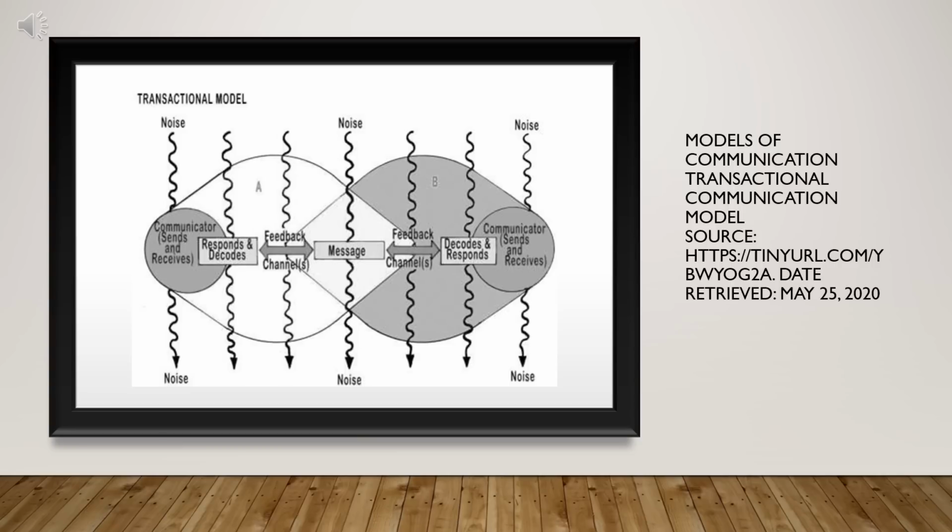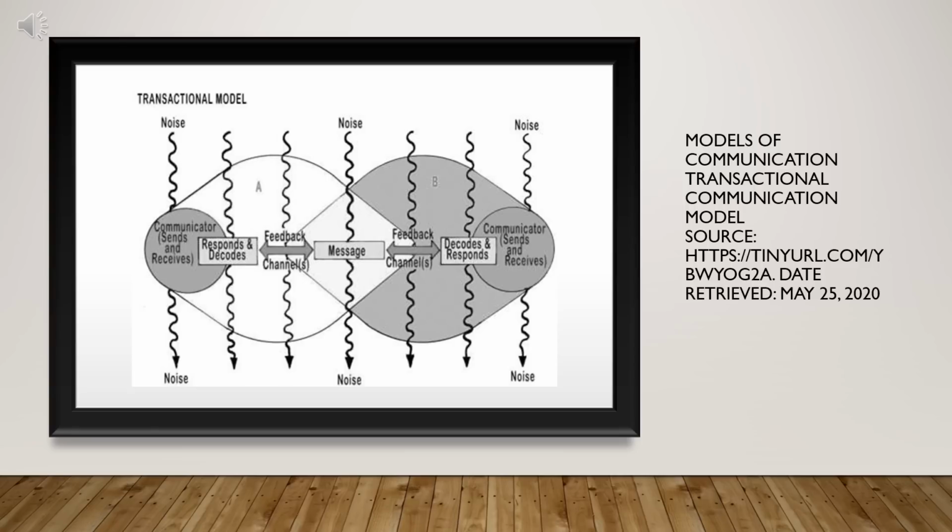But regardless of the presence of this noise or barrier, the receiver will make an effort to fully understand the message that was sent to him or her. Then, after encoding and decoding it, the receiver will provide his or her feedback, which will be sent to the speaker earlier.